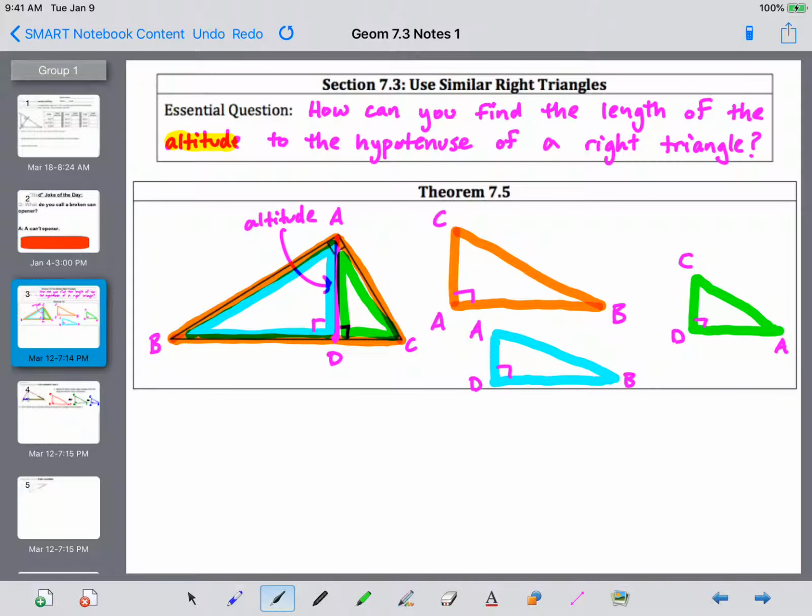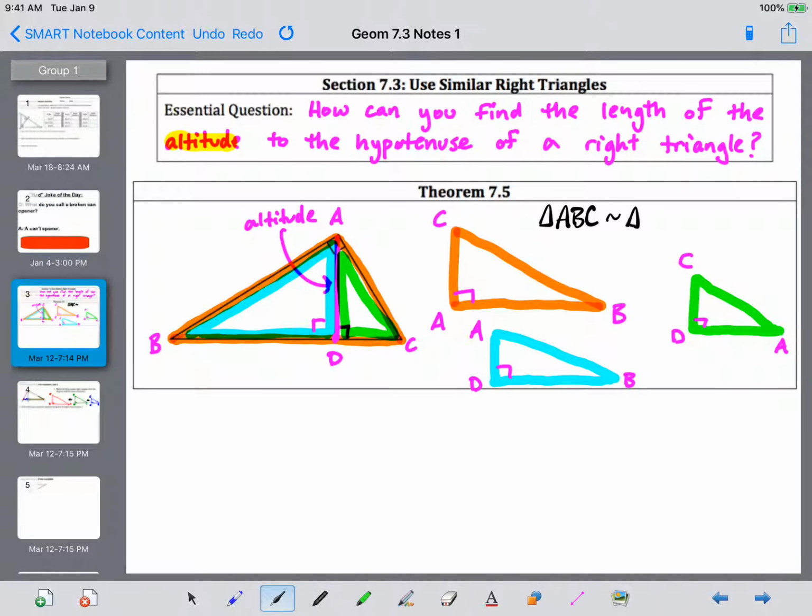So in this theorem above, we would say, for example, triangle ABC, if I do it in that order, is similar to triangle DBA.